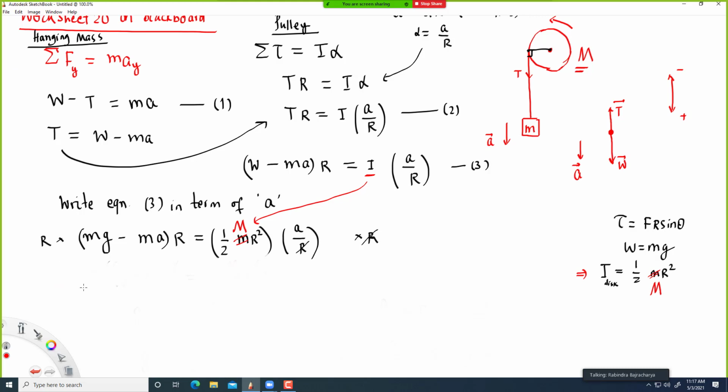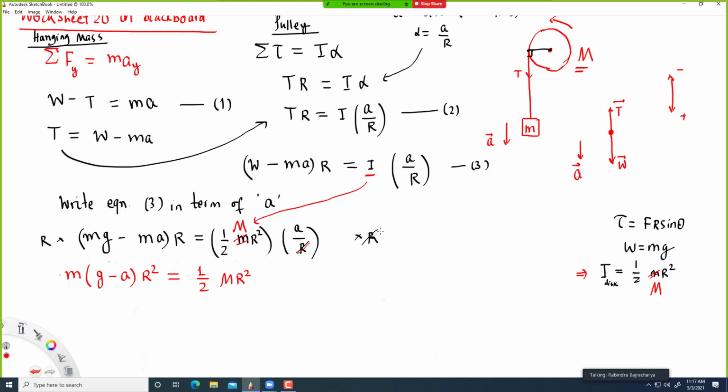I multiplied both sides by R, so we have m common, g minus a, times R squared, R and R is R squared, is equal to 1/2. Now here again it's capital M for the pulley, MR squared.